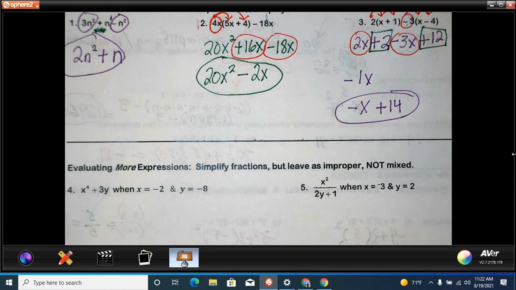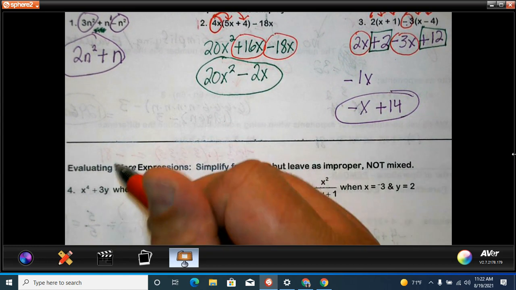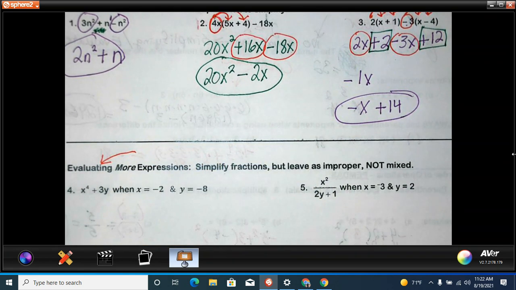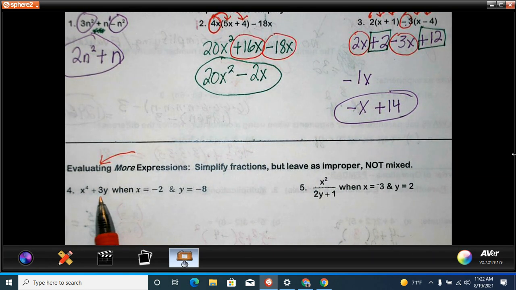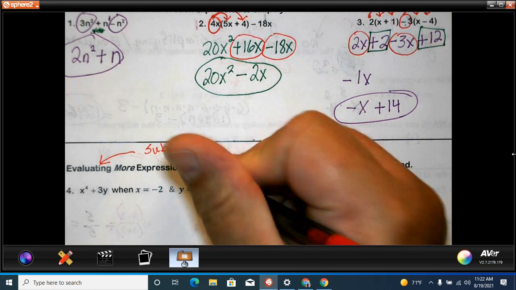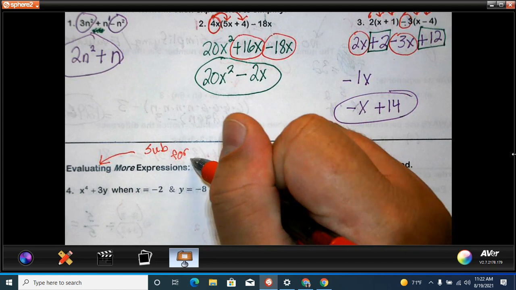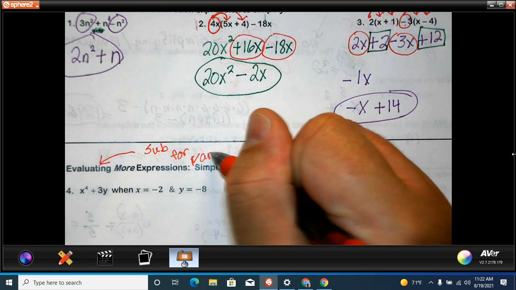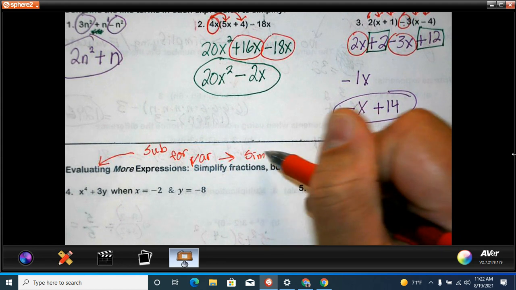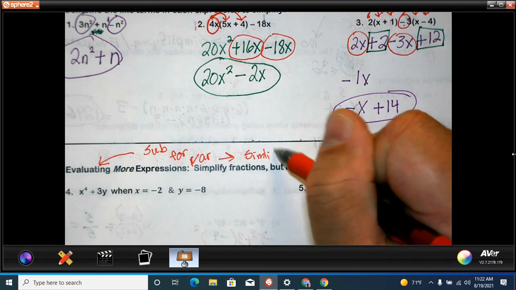All right, evaluate. Remember evaluate? We're evaluating expressions because there's no equal sign, right? You're going to be substituting in a value for the variable, right? Then you're going to simplify if needed. Okay.